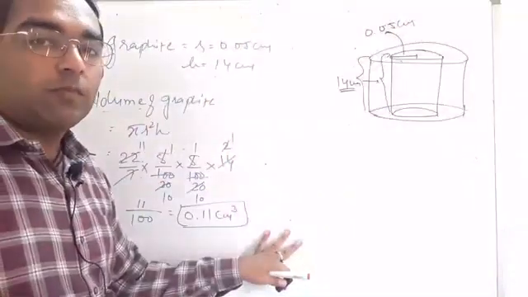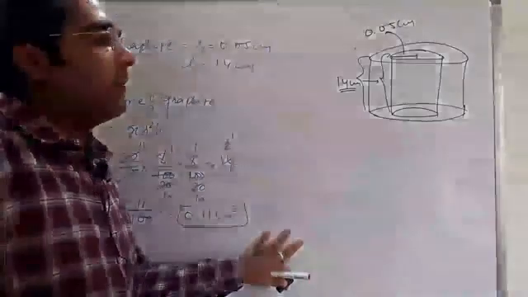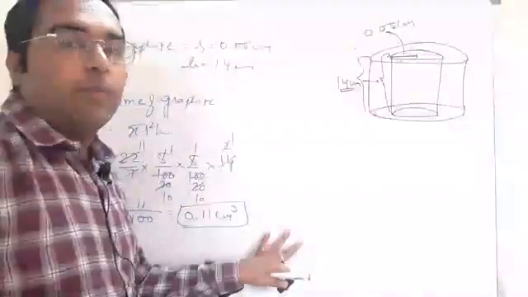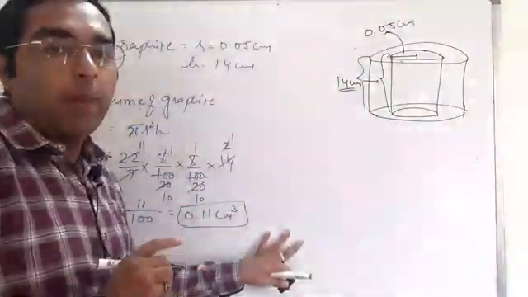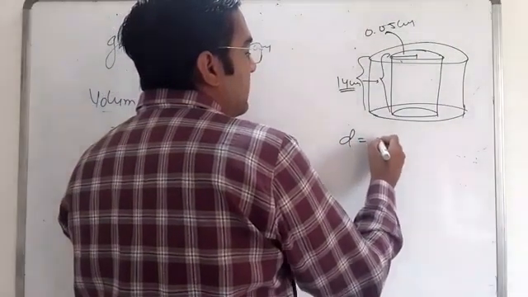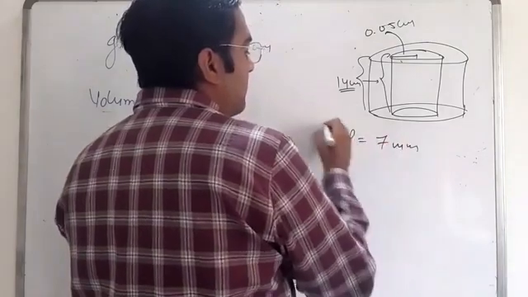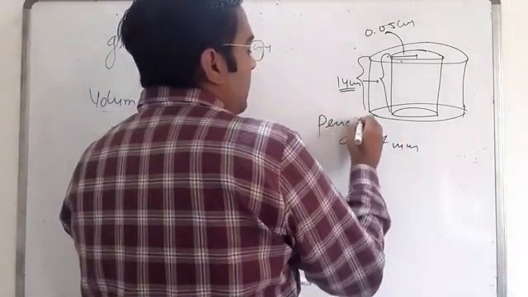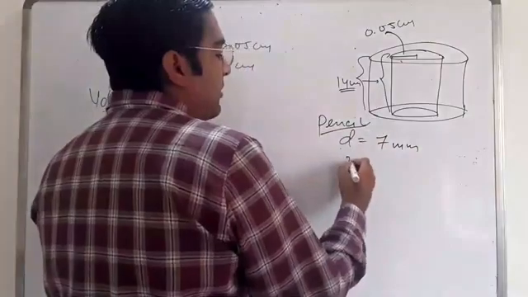Now we have to know about the diameter of the pencil, that is 7 mm. First of all, I have to convert diameter into radius.